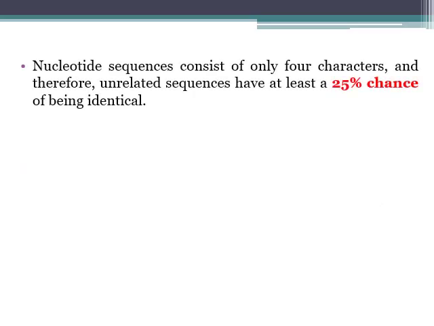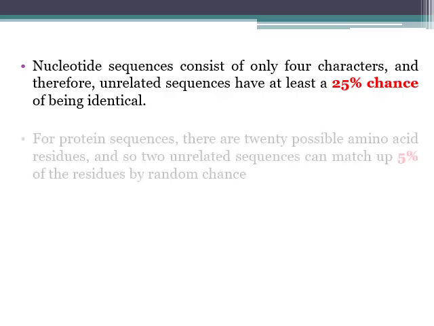Nucleotide sequences consist of only 4 characters, and therefore unrelated sequences have at least a 25% chance of being identical. As you know, DNA is just made up of 4 nucleotides A, T, G, C. So if you compare two unknown sequences, there are 25% chances that those two sequences will match with each other.